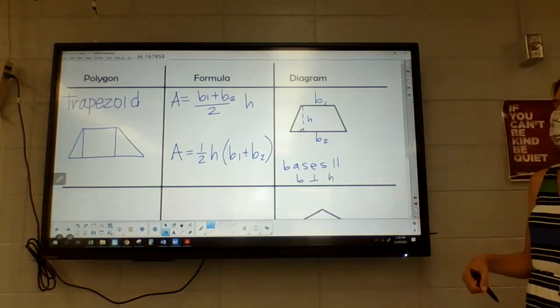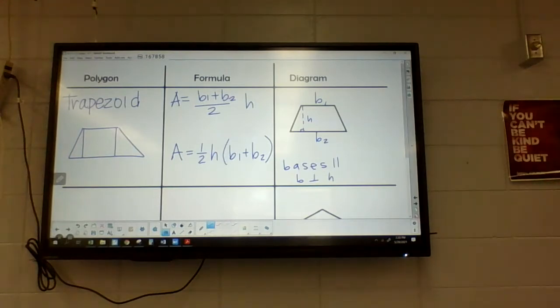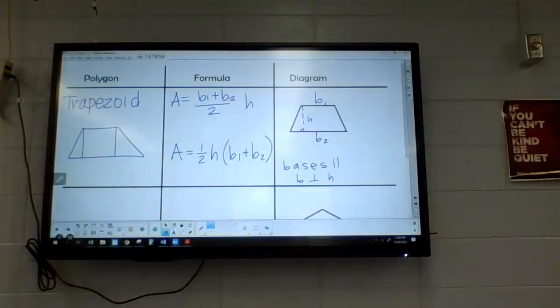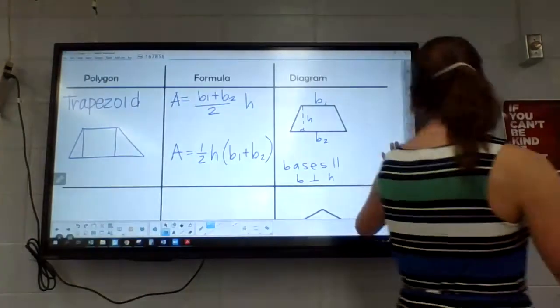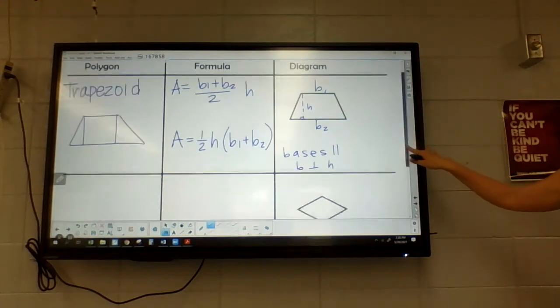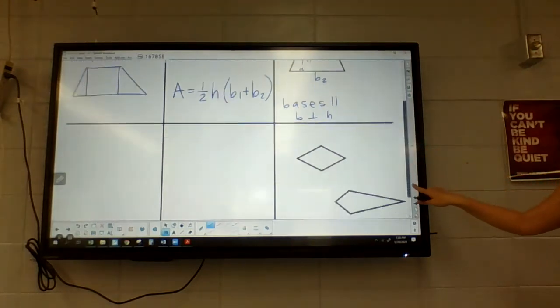So I just wrote B is perpendicular to H. And if my camera's in the way at all, feel free to move around it or stand up. So that's one of our new formulas here today. And again, good news is you don't have to memorize it because you'll get to make a note card for the exam.